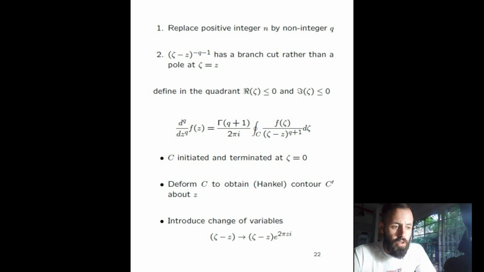So what this contour does, it rotates the contour with winding number 1 in the clockwise direction, so that we get a result where the expression in gamma is negative q.